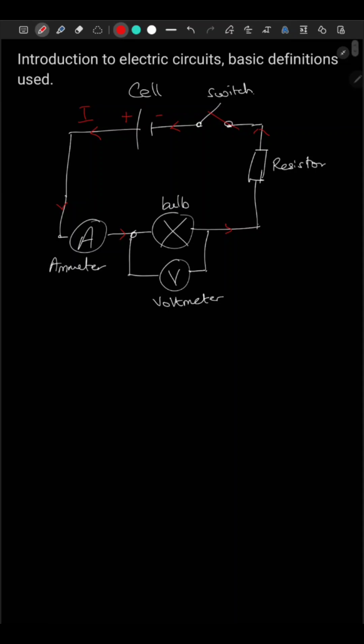It would not go into the voltmeter because the voltmeter has an infinite resistance. So it is nearly infinite, so the current does not go into the voltmeter.